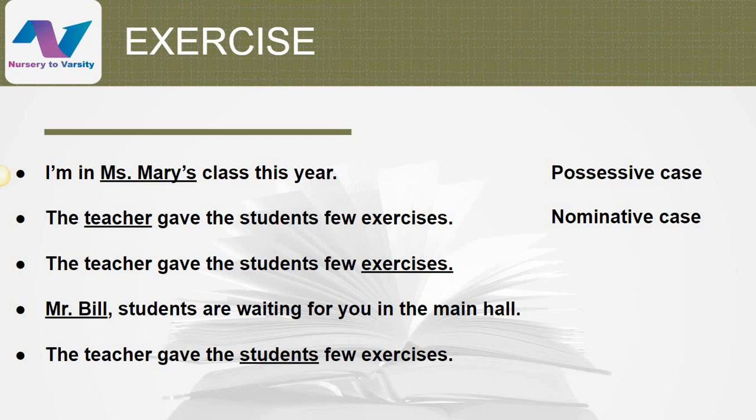For the third example, that is basically the same sentence we used in the second example as well, but the underlined word is different. Here the underlined word is "exercises". The teacher gave the students few exercises. Now, as you can see, "exercises" is a direct object in this case. So it is all about objective or accusative case.